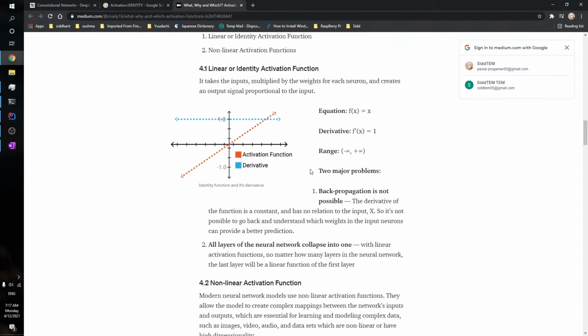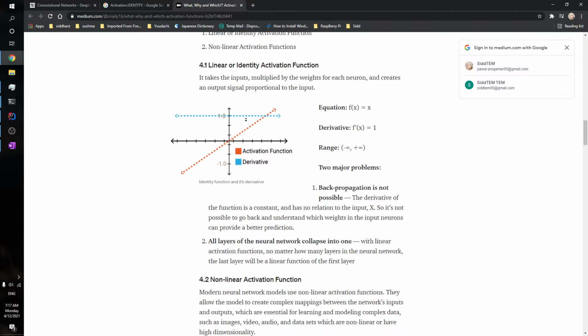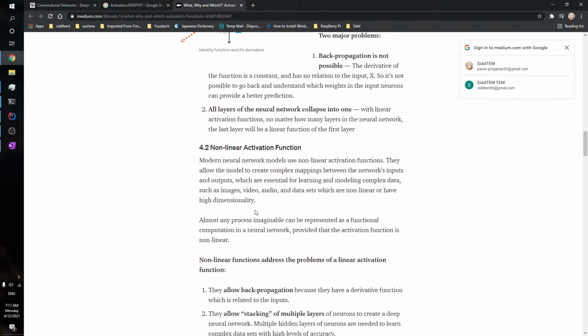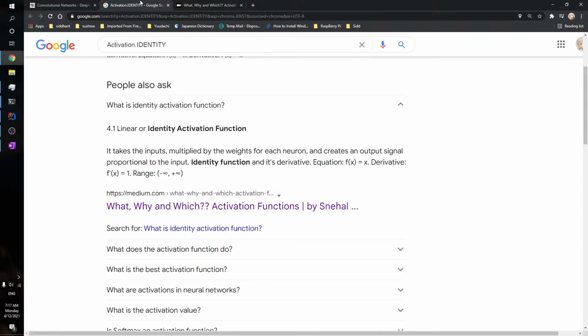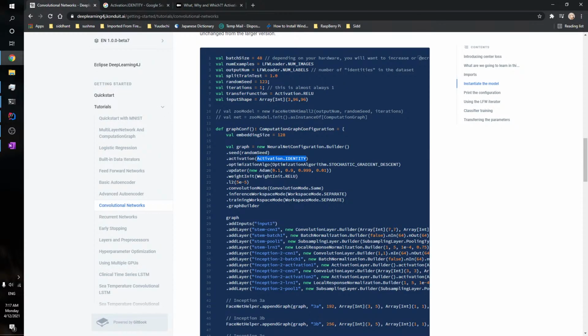Hmm. Is the input signal proportional to the input? Okay. Wonder why we're doing that here.